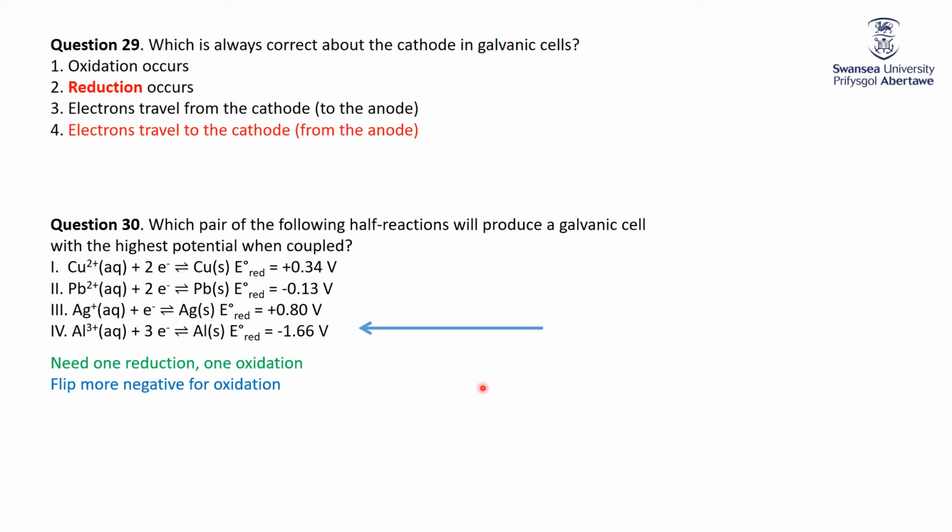So therefore the aluminium is the most negative in terms of the reduction, so we're going to flip that, and the most positive is the one we like for the reduction, so we use that. So therefore Ag+ going to Ag is the best reduction. Al going to Al3+ is the best oxidation. Put those together and you will get the best galvanic cell.